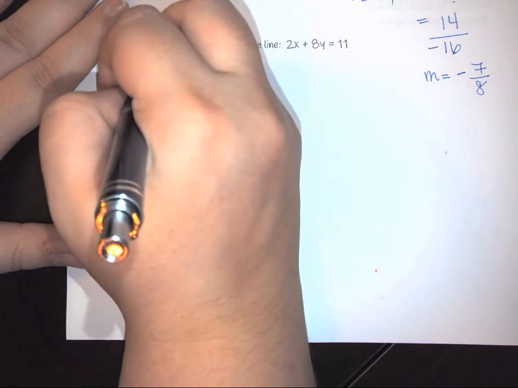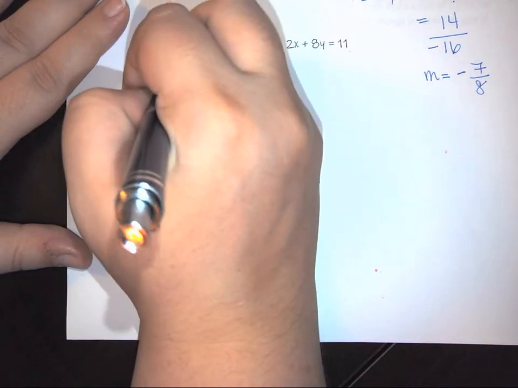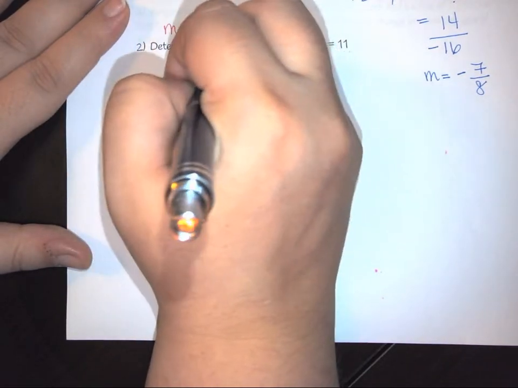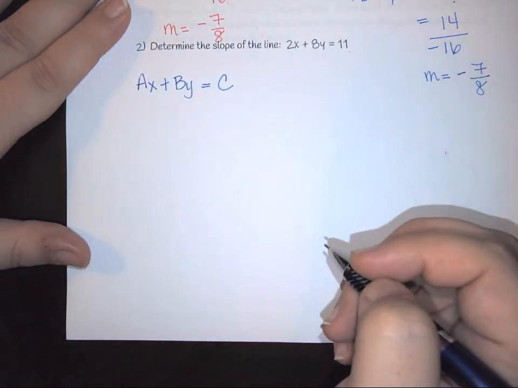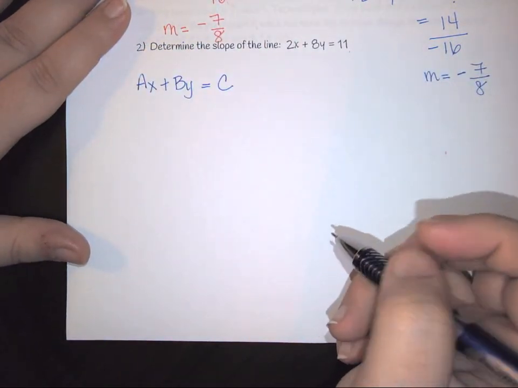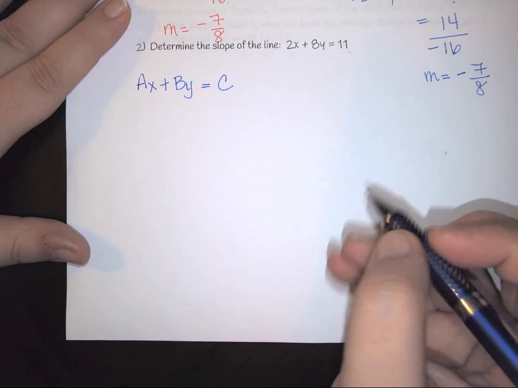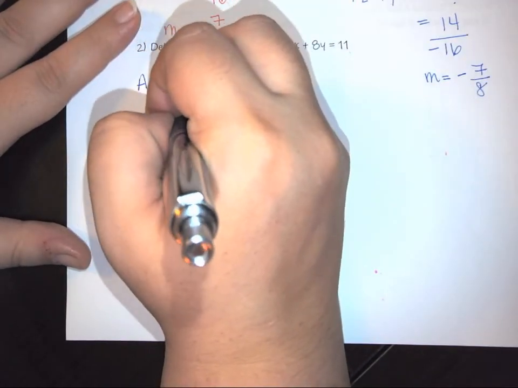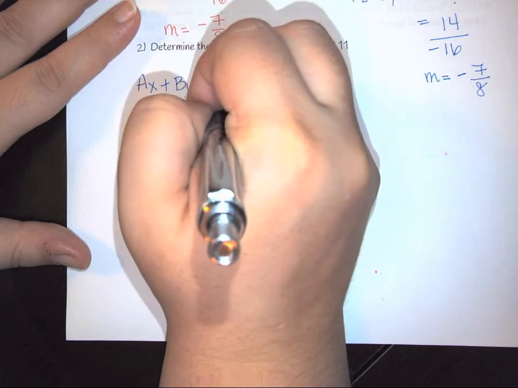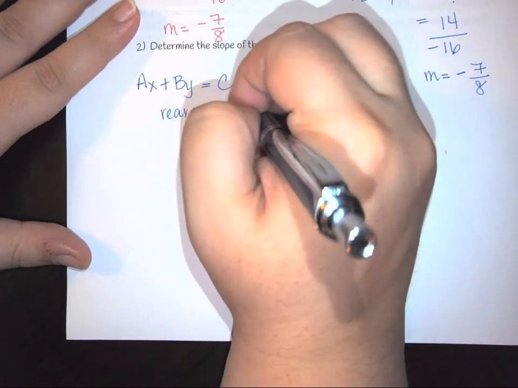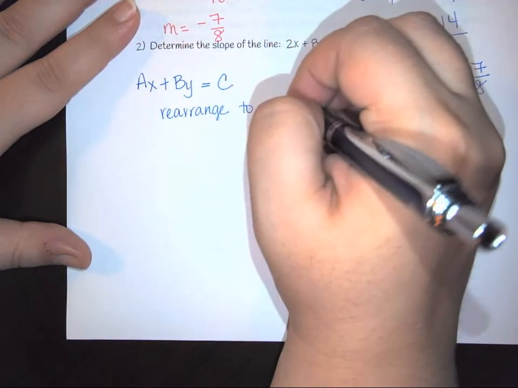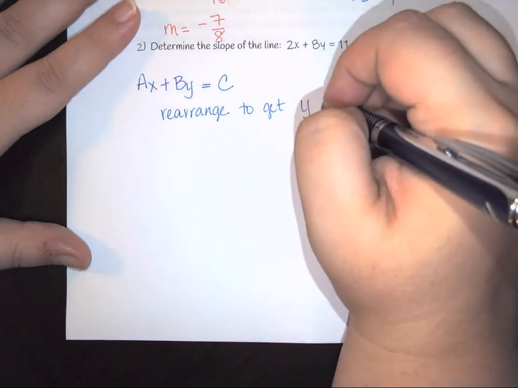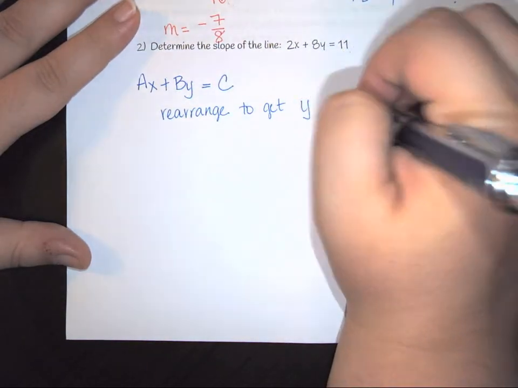So standard form, ax plus by equals c. And we want to find the slope. In other words, what we want to do is we need to rearrange to get y alone.